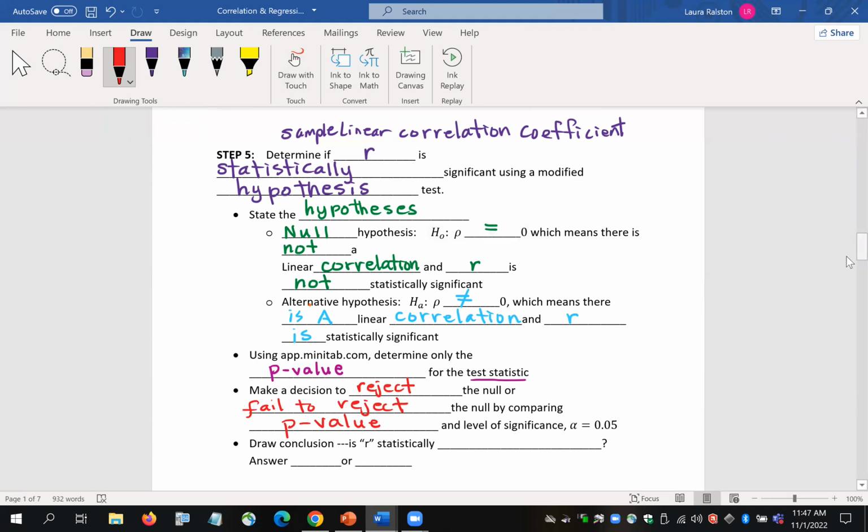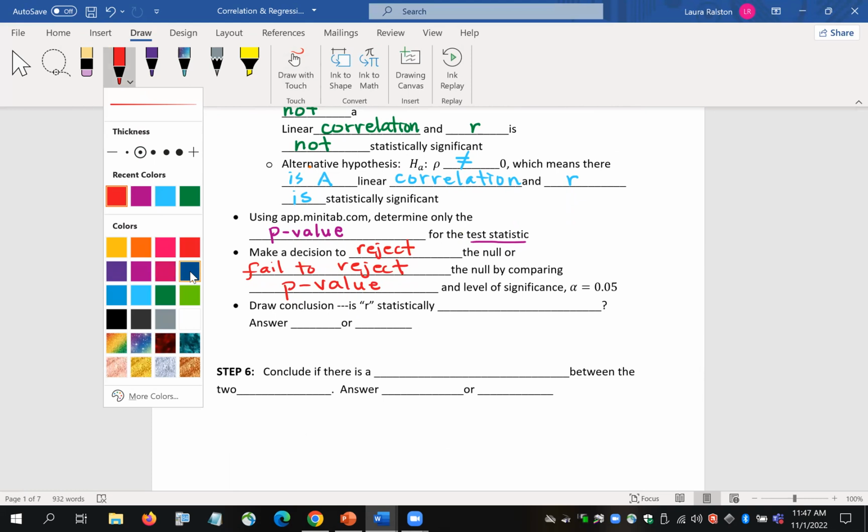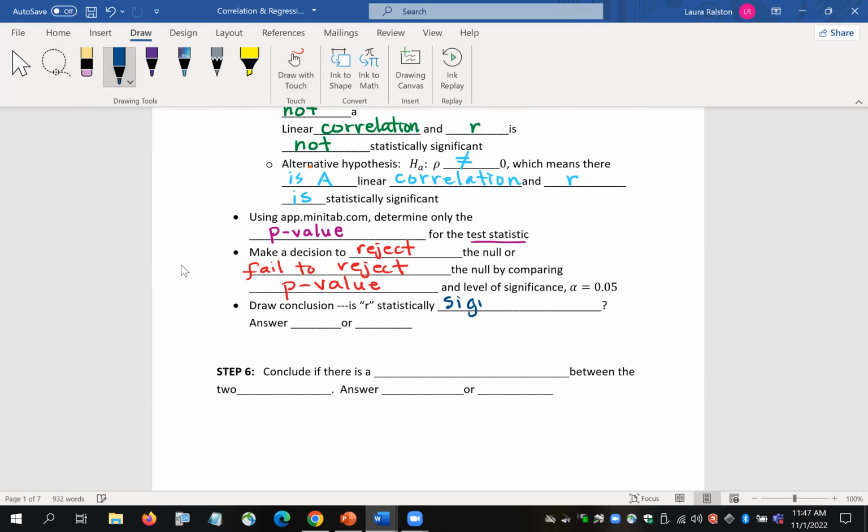And then based on our decision, we're going to make our conclusion. And our conclusion ultimately is going to be, is R statistically significant? Because that's what we need to know. Is R statistically significant? And ultimately, we're going to say, yes, it is, or no, it's not.